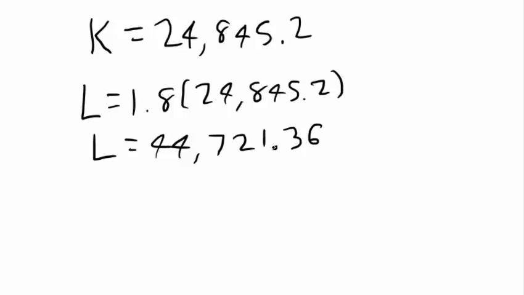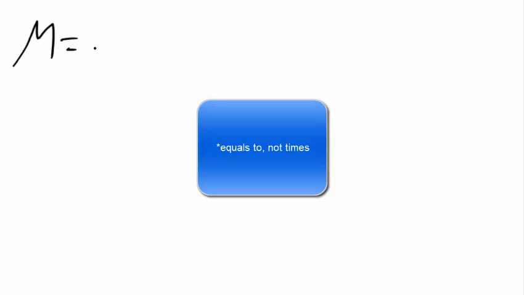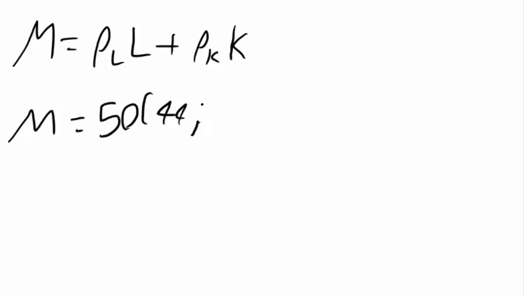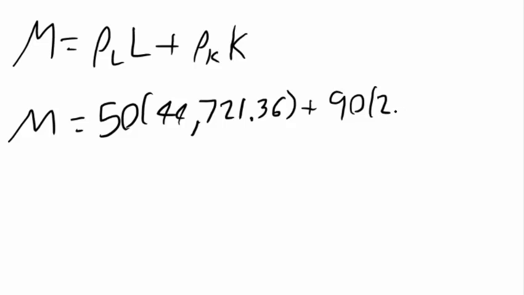And last but not least, we can find our budget using the budget function, which is M equals the price of L times L, plus the price of K times K. So if we plug things in, we still don't know what M is, and the price of L is 50. We know L is 44,721.36, plus the price of K, which is 90, times 24,845.2.